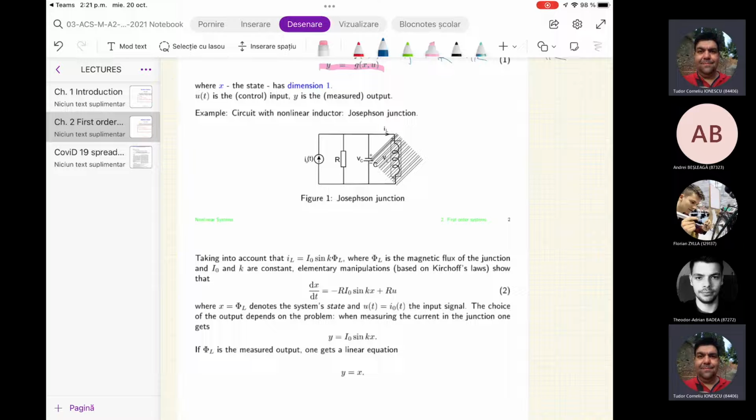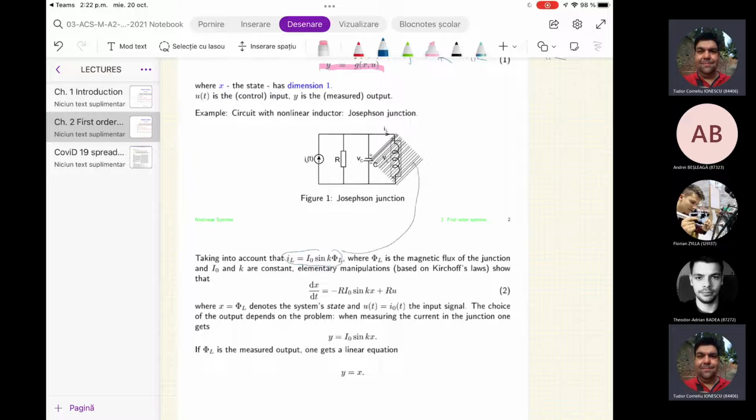So it's I0 sine k phi L, where phi L is the magnetic flux of the junction, and I0 and k are constants. So this is the law that governs.